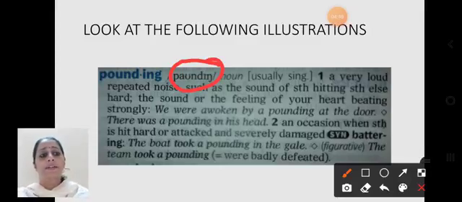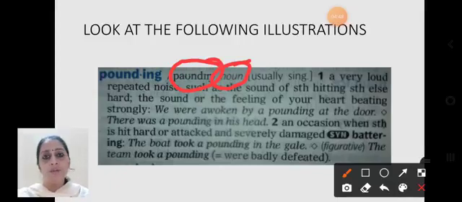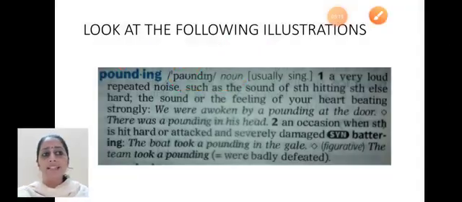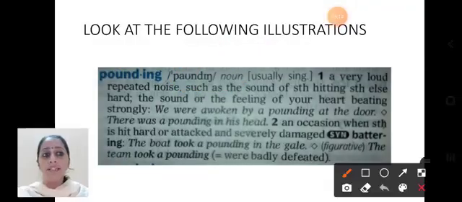Then what is the parts of speech of this particular word? It is used as a noun. I hope all of you are able to understand what I am telling you. This is the entry word. This is the pronunciation. This is the parts of speech. Pounding. Syllable. Pounding. Clear? Now, next we move on to the meaning.